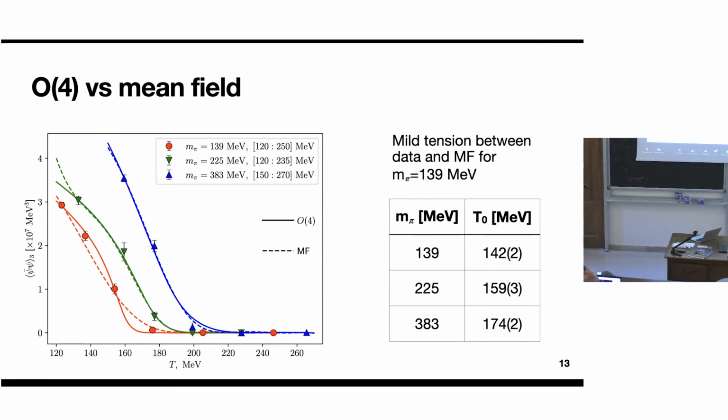So all in all, let me conclude from this that for larger pi masses, probably mean field behavior can describe our data, but there is some tension with the O4 universal functions. On the contrary, for the lowest pi mass, the physical one, there is some tension between mean field and the data, and O4 can describe our data pretty well.